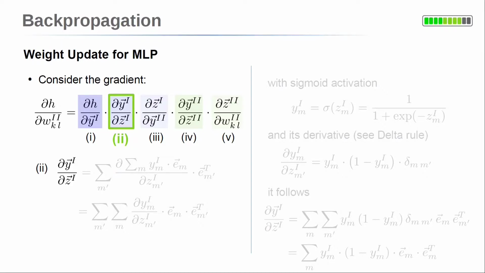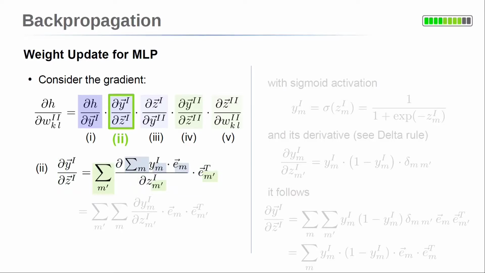Next, we calculate the second term on the left according to the chain rule. These are the derivatives of the output vector y superscript 1 with respect to the summations in this layer, vector z superscript 1. We express both vectors by the summation over the components times the corresponding unit vector. The summation in the numerator has column unit vectors. The summation in the denominator has row unit vectors, so transposed unit vectors.